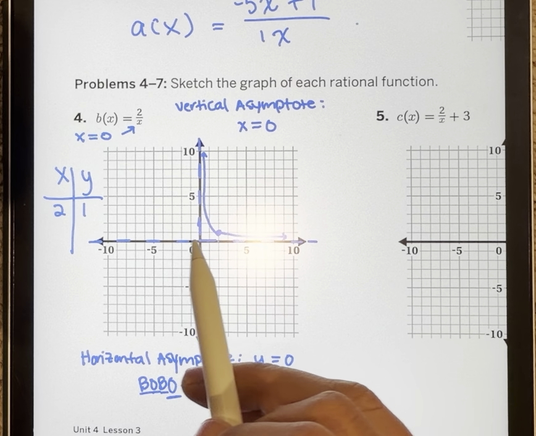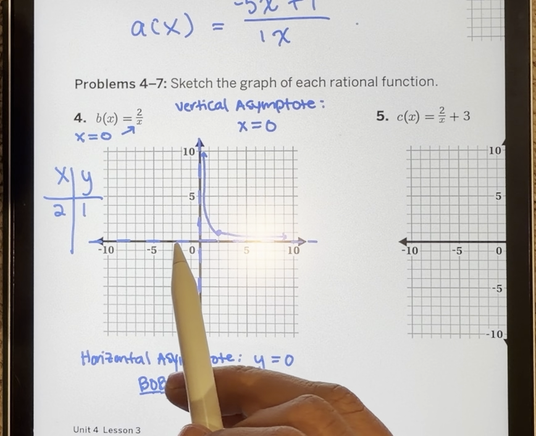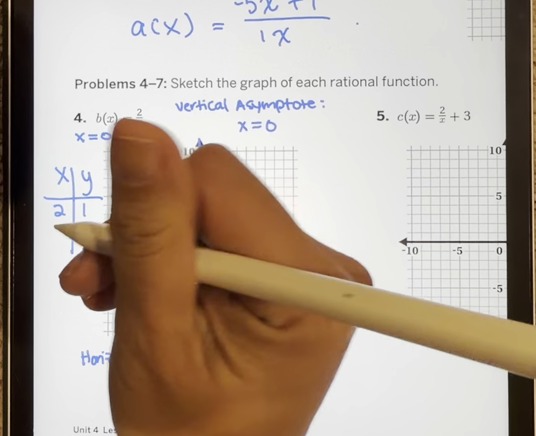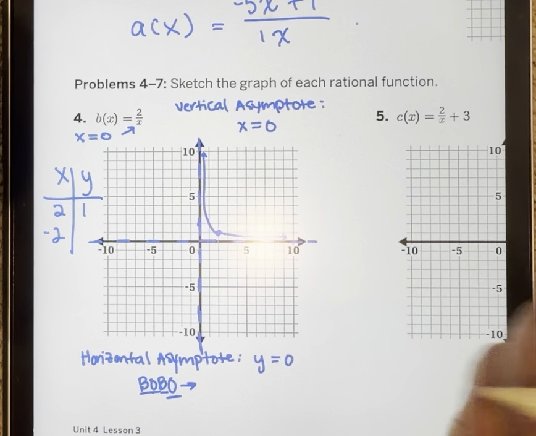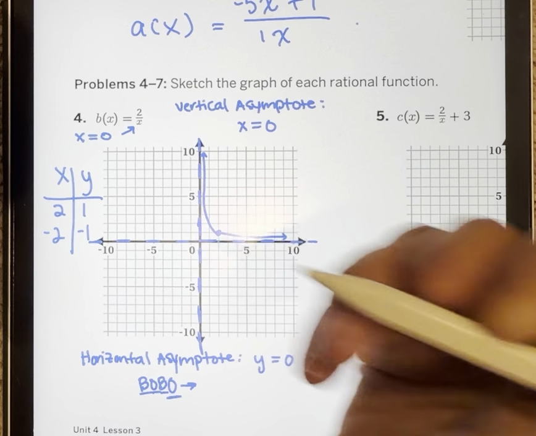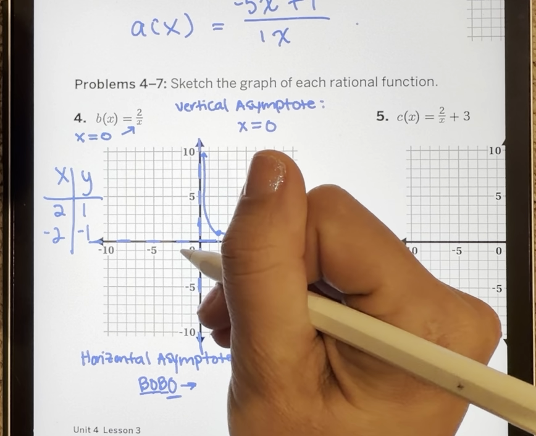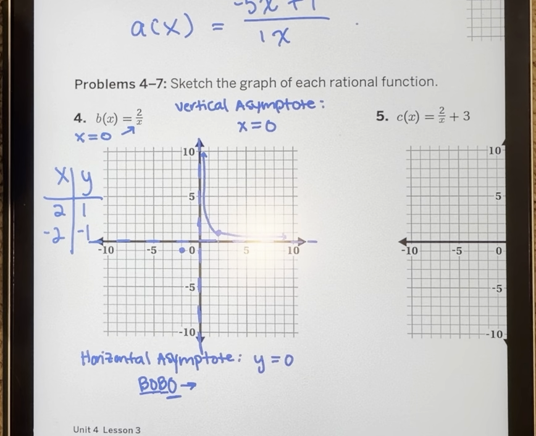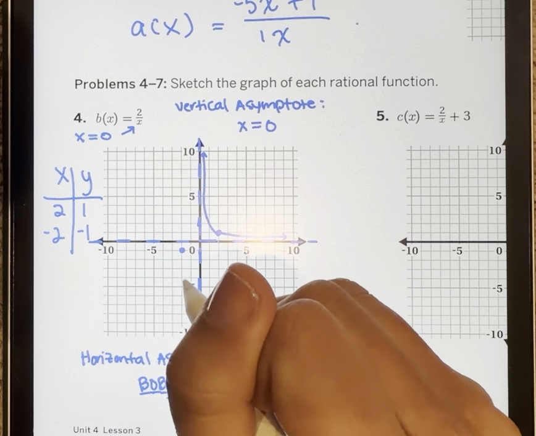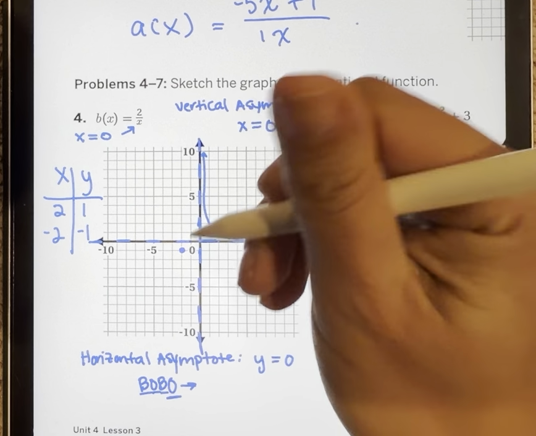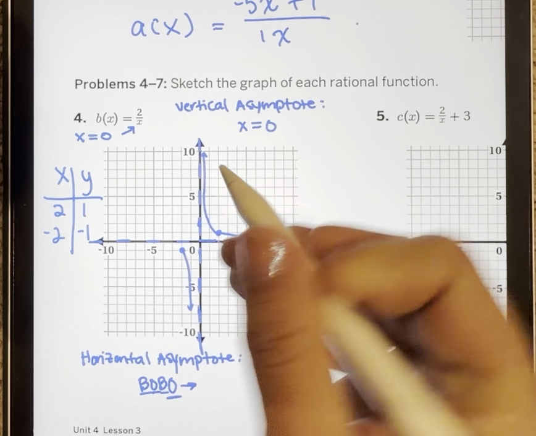But I'm not sure what's happening on the negative side. So I can also try a negative number, maybe negative 2. And 2 divided by negative 2 is negative 1. So negative 2, negative 1 is a point on the graph, which then tells me the second curve is here. So this is the function.